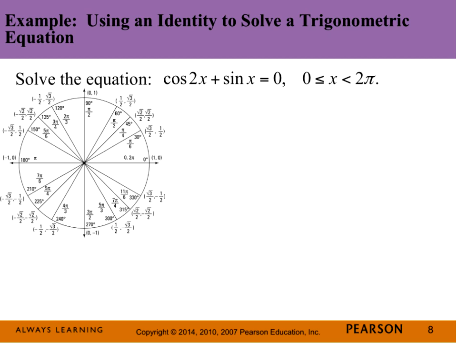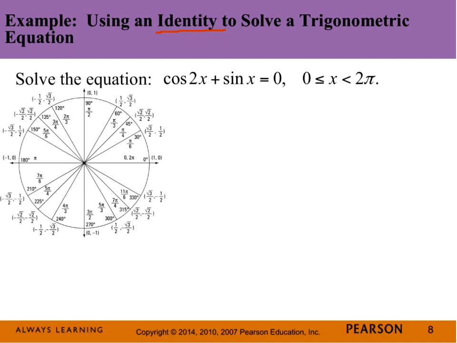Okay, here we're going to use an identity to solve. So, you know, with these equations, you kind of have to be clever, because sometimes it can be difficult to, oh yeah, that's what I could have rewritten that as.